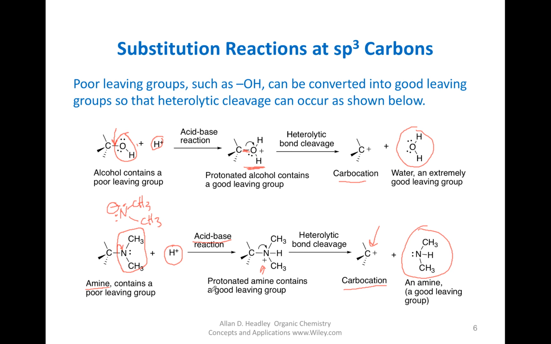So the conclusion from this overhead is that if we have poor leaving groups such as OH or an amine, the reactivity is reduced in terms of substitution reactions, but we can convert them to a good leaving group by protonation to get a stable conjugate base such as an amine or water as the leaving group.